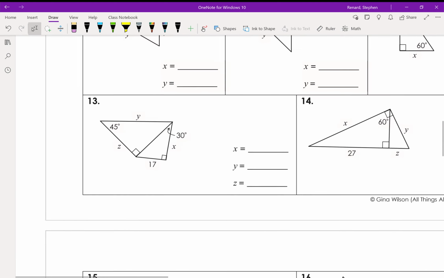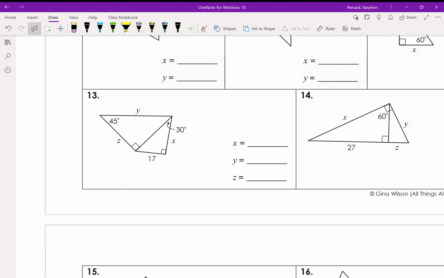Okay, so let's look down at number 13. What we're going to do here is start with 17 and figure out what's going on. First, we look at this triangle right here.